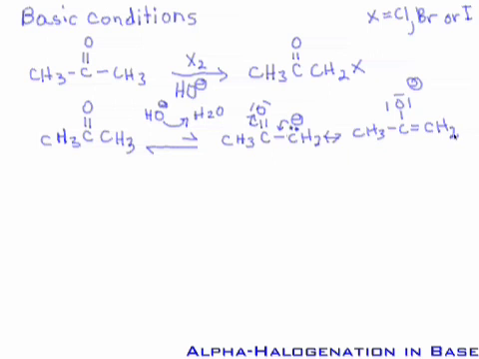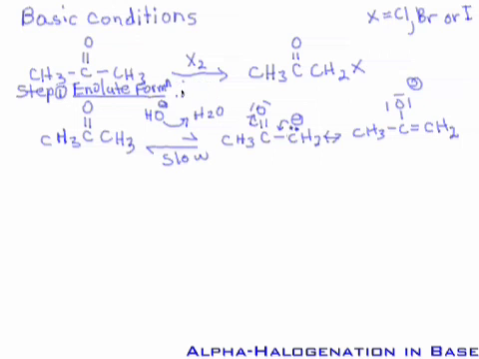And so this is a resonance-stabilized enolate anion. This is our slow step, and this is sometimes called step 1. And instead of enol formation, as in acid, it's enolate formation. So we've got enolate formation here.